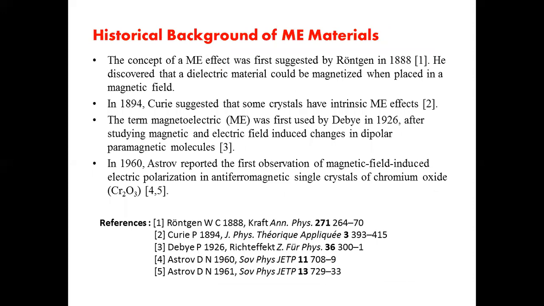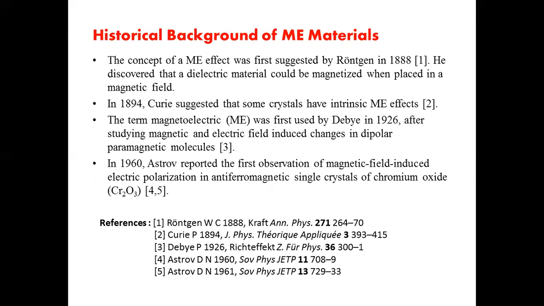Then I will come back to the historical background of ME materials, that means the magnetoelectric materials. The concept of this ME effect was first suggested by Röntgen in 1888. He discovered that a dielectric material could be magnetized when placed in a magnetic field.